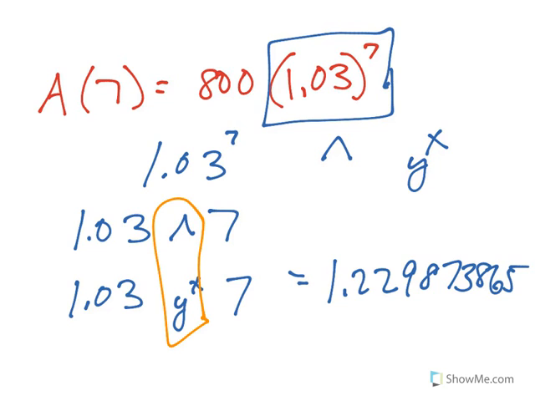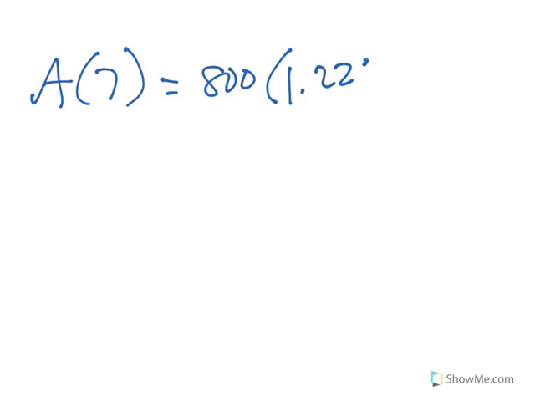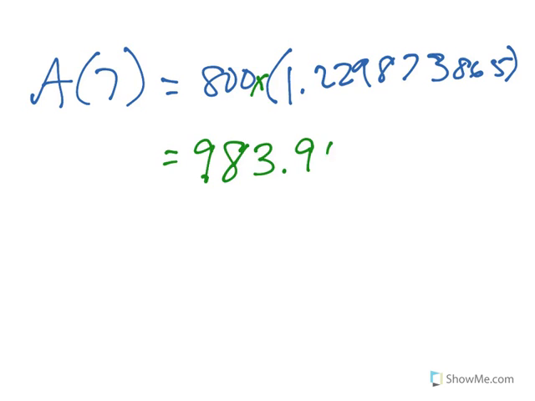The nice thing is you can leave that in your calculator. So now we have A sub 7 equals 800 times this value that is in your calculator. Keep it in your calculator and just hit times 800. So this value times 800 will give you your $983.90.